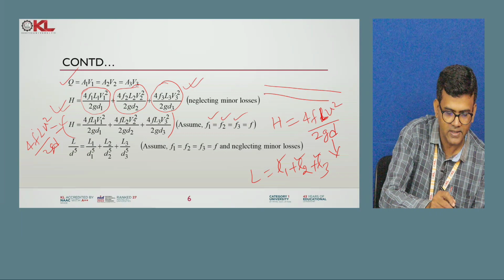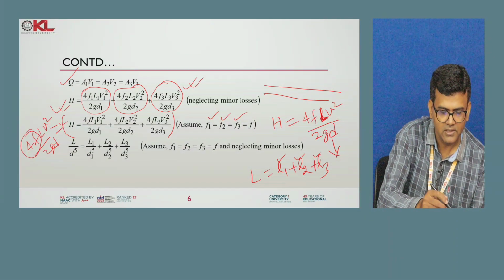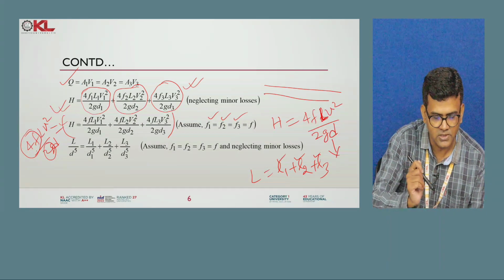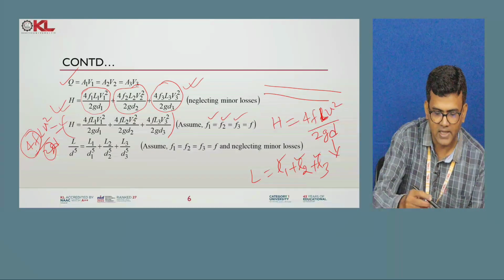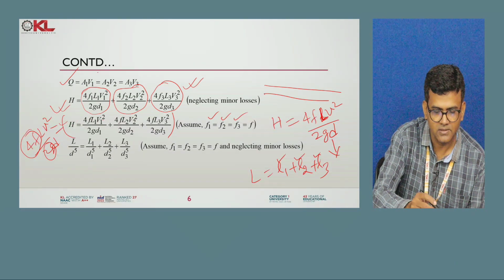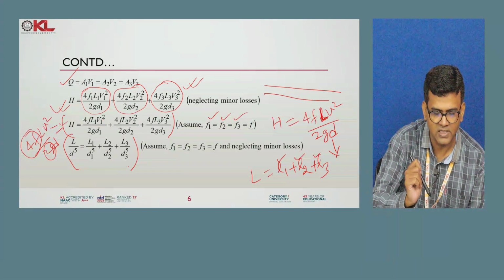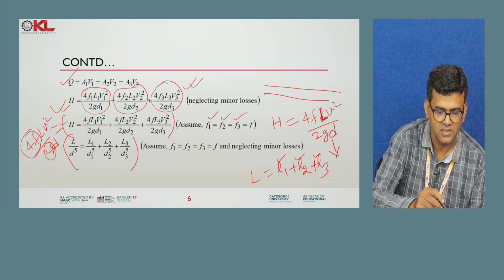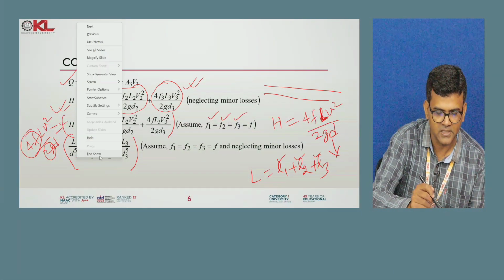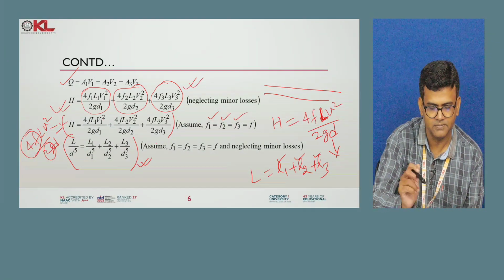Here 4F will be cancelled out, 2g will also be cancelled out, and the velocity will be replaced, and the final equation can be converted into L by d to the power 5 equals L1 upon d1 to the power 5 plus L2 upon d2 to the power 5 plus L3 upon d3 to the power 5.